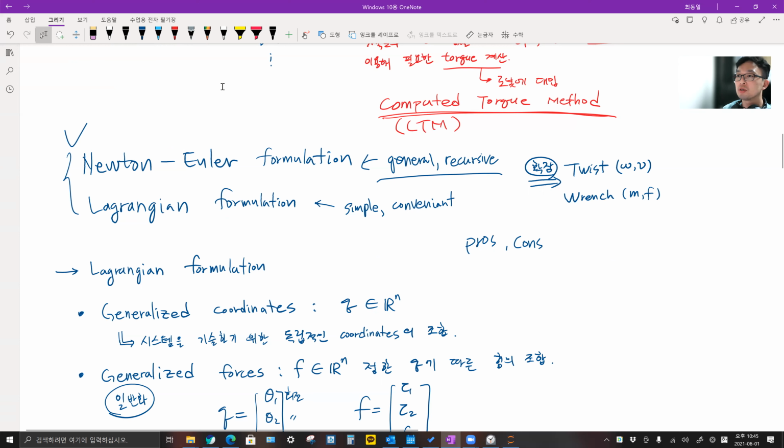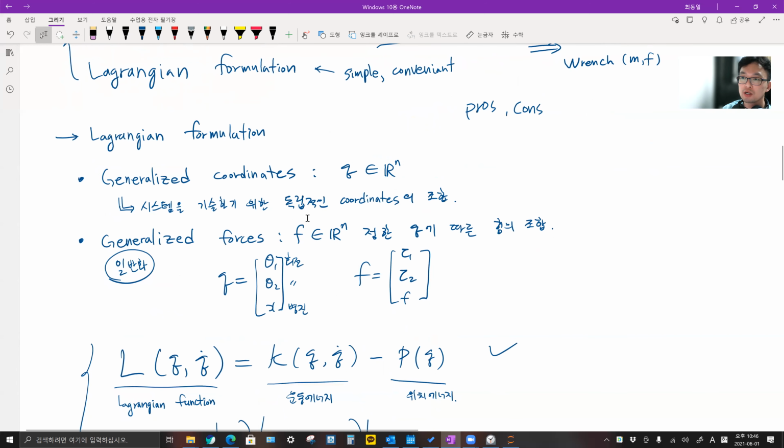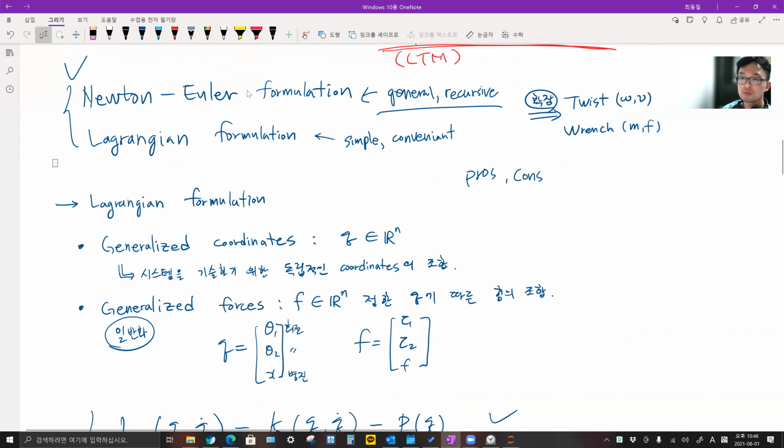If you need verification of the dynamic equation, you can make the dynamic equation using this one first, and then also make the same equation using Lagrangian formulation. Then compare these two results, and then you can confirm the dynamic equation is correct. So I usually use these two methods together.